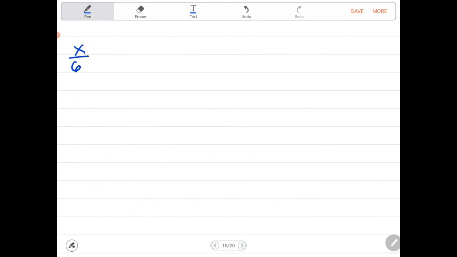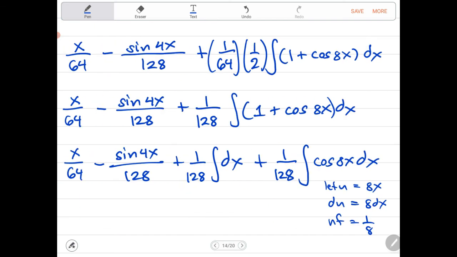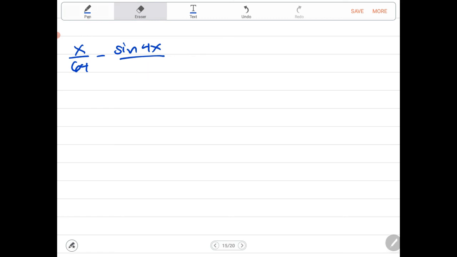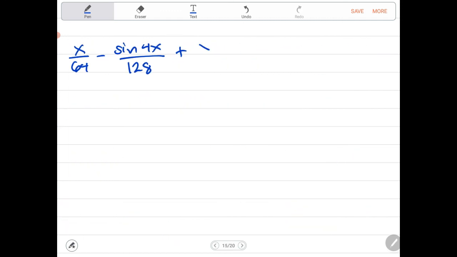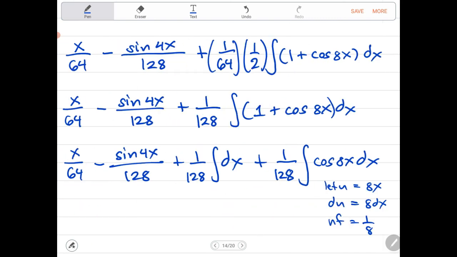So x over 64 minus sine 4x over 128, plus the integral of dx, that is x over 128, plus yan, no? So 1 over 128 times the neutralizing factor, which is 1 over 8, then the integral of cosine 8x. What is the integral of cosine 8x? That is sine 8x.